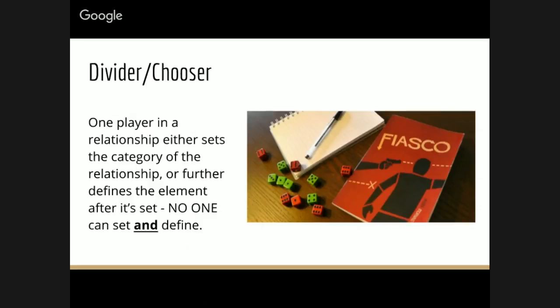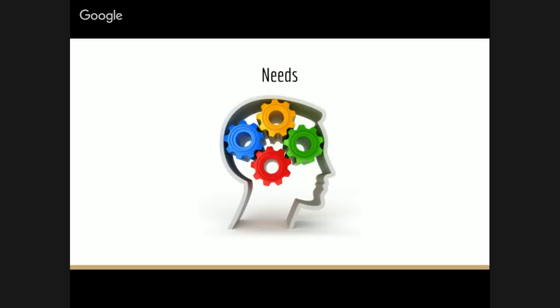So maybe you set the relationship for the player to your left and they define it. Maybe the player to your right sets the relationship and you define it. But the important thing is, with relationships, no one can set and define. It must involve choice of both players within it. So nobody can do both within it. This gives choice, but also builds engagement in your story.